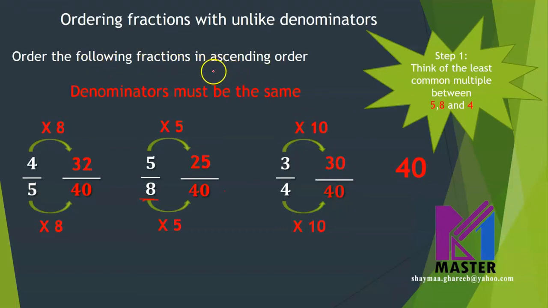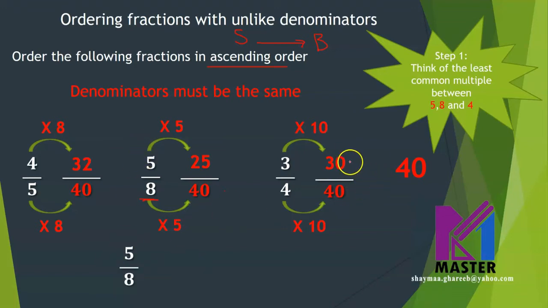And the order here should be in ascending order. What's the meaning of ascending order? Ascending order, I have to start from the smallest to the biggest. So which fraction is the smallest here? It's 25 over 40. Should I write 25 over 40? What do you think? We said we write the fraction in the question. So I will write 5 over 8.